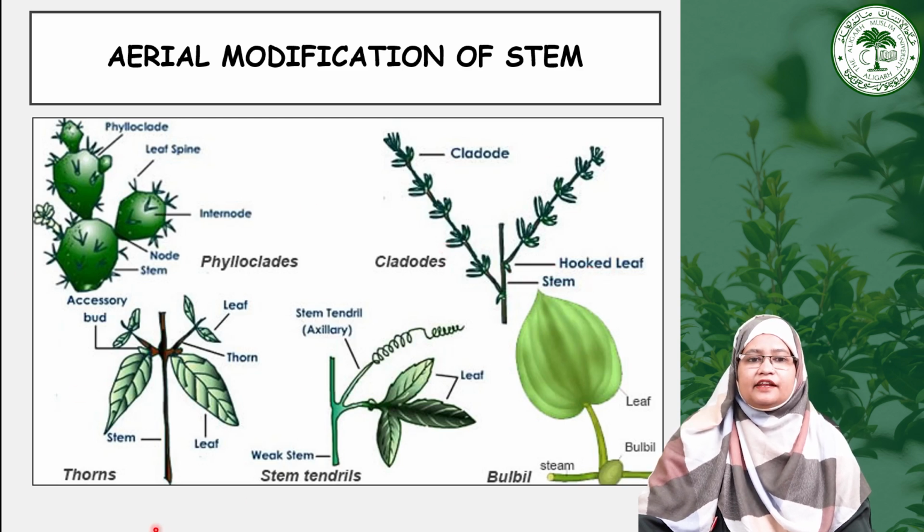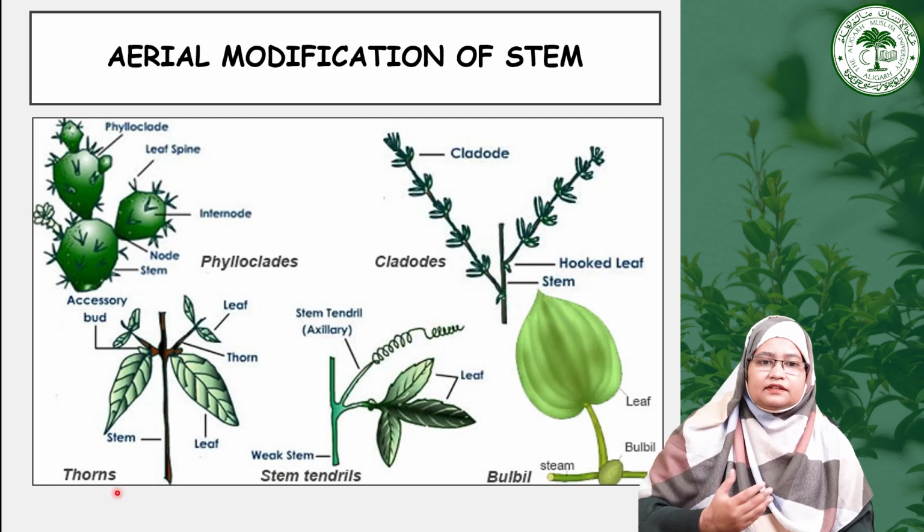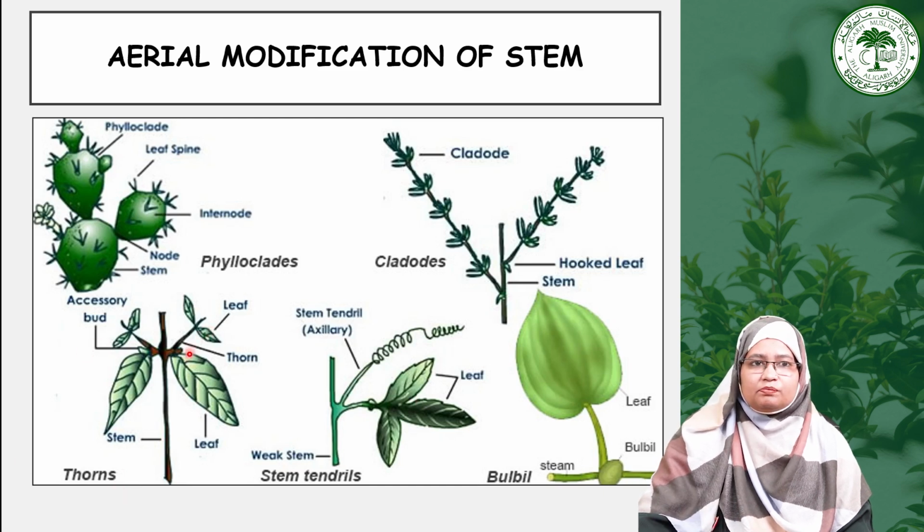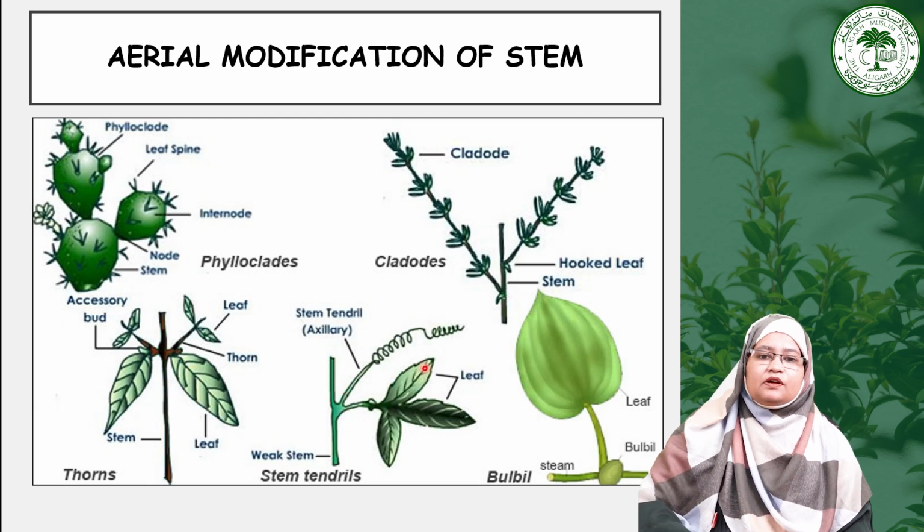Besides these aerial modifications, phylloclades and cladodes, other aerial modifications include thorns. In many plants the stem is modified into thorns, as you can see here, like in bougainvillea or Ziziphus, where the stem is modified into a thorn structure that protects the plants from animals. In many plants the stem is also modified into tendrils that help in the climbing of the plant, like in cucurbits.